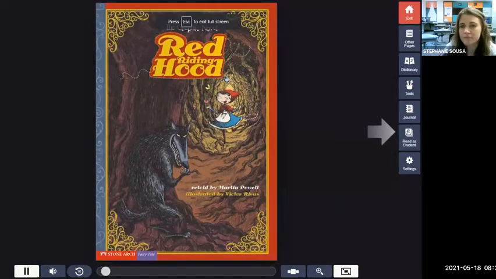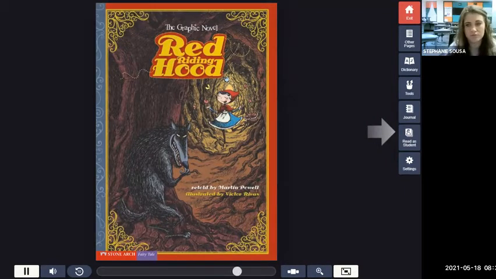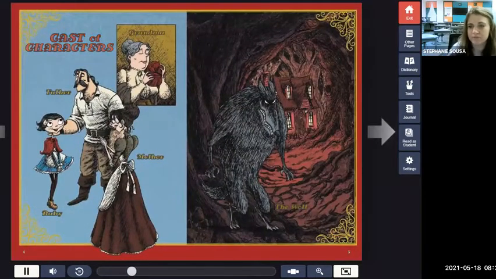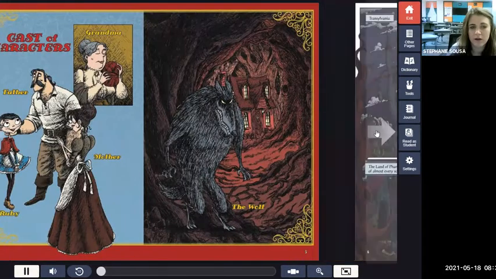Red Riding Hood, the graphic novel. Retold by Martin Powell. Illustrated by Victor Rebus. Cast of characters. Ruby, Grandma, Father, Mother, the wolf. Dun, dun, dun.